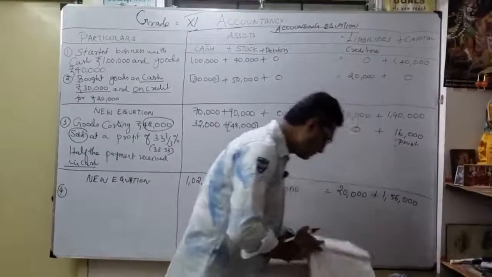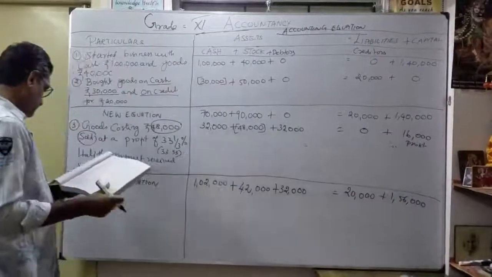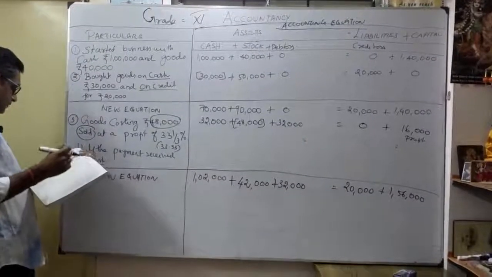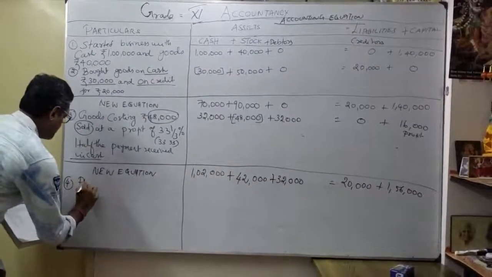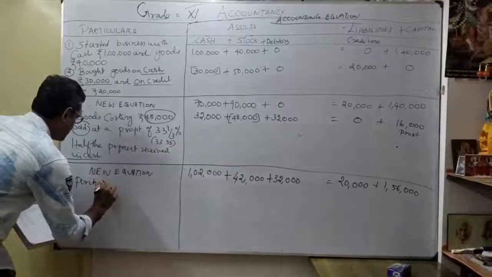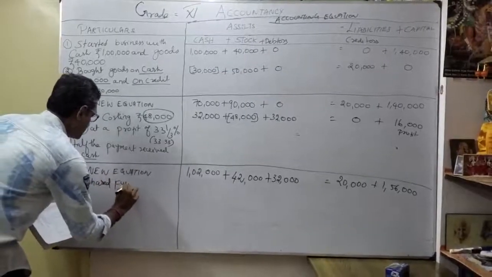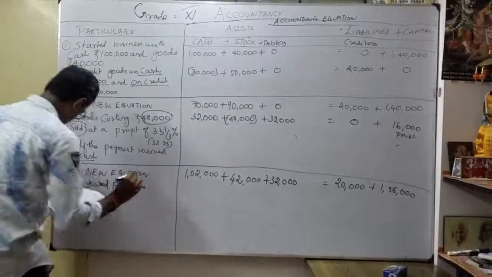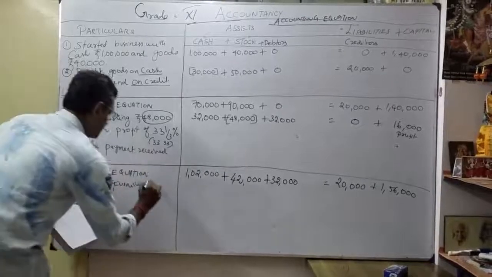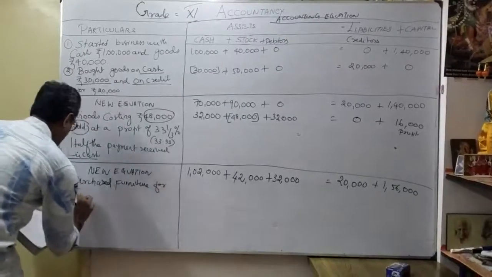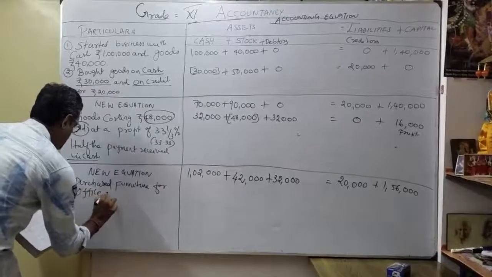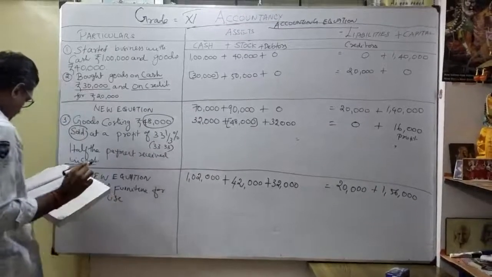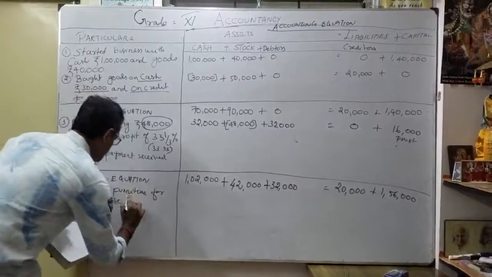So the fourth one: purchase furniture. Purchase furniture for office use. How much? 12,000.